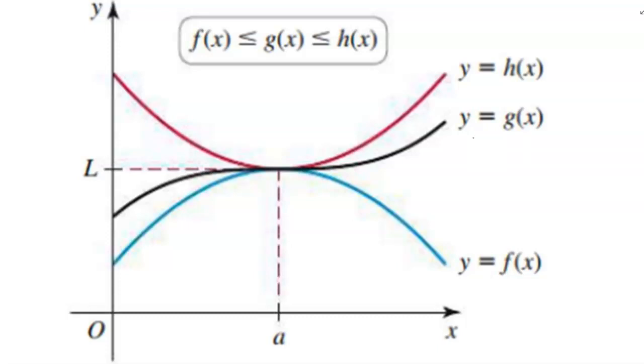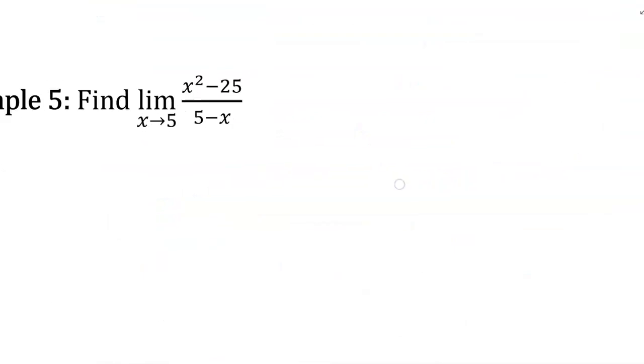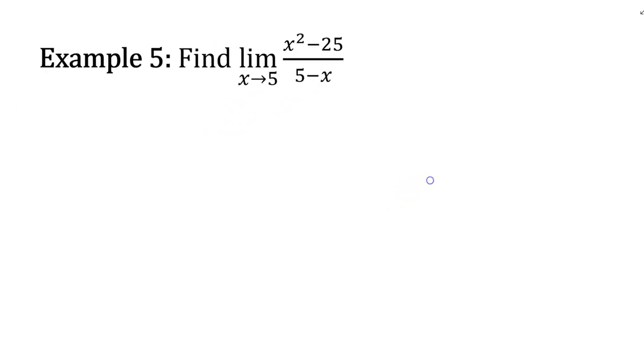Okay? So, how does this work in relations? Well, what we're going to do is we are going to simplify the function. So kind of ignoring the limit for a moment and just focusing on the function itself, the rational function. And we want to simplify this.